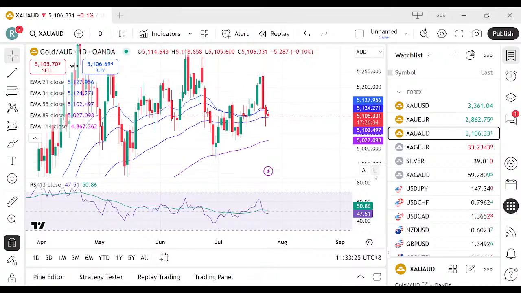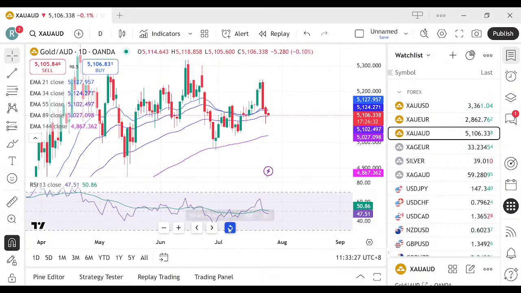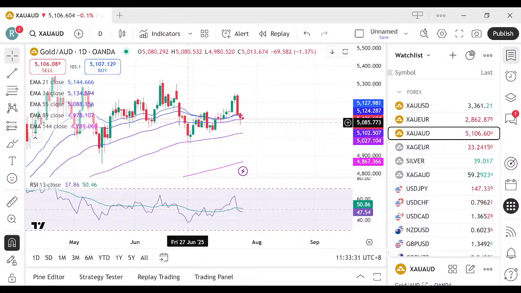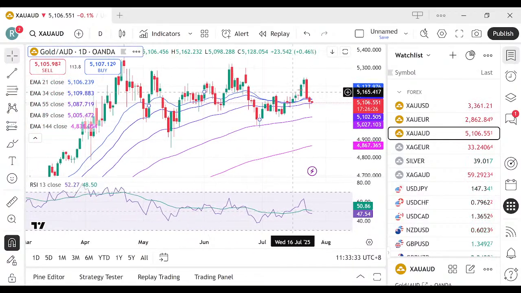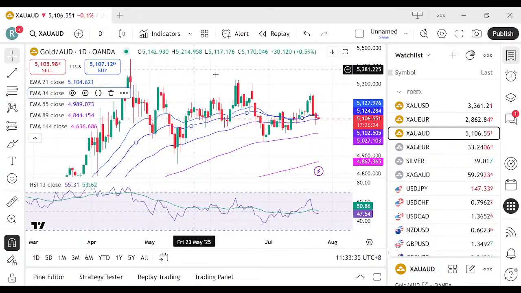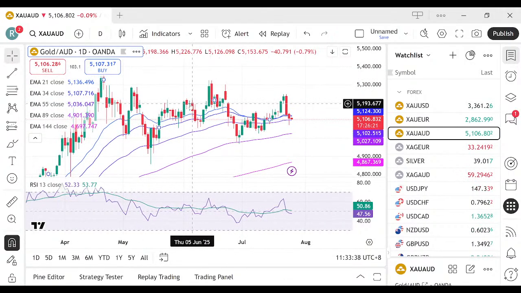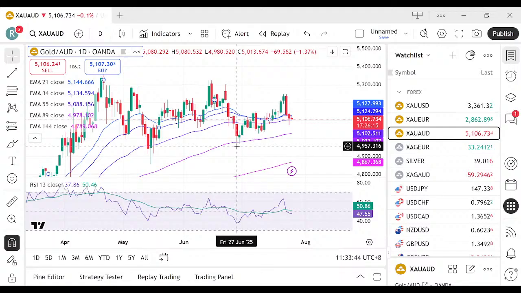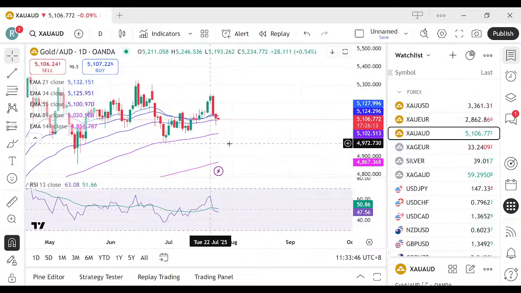Okay, gold Aussie, if you look into the chart and the price pattern, we may have seen the high, and the market is showing a characteristic of a lower high. Which means this price has to break or test this low eventually.